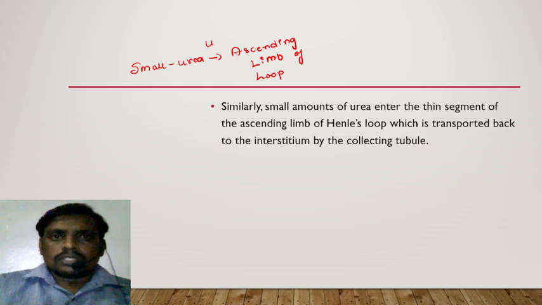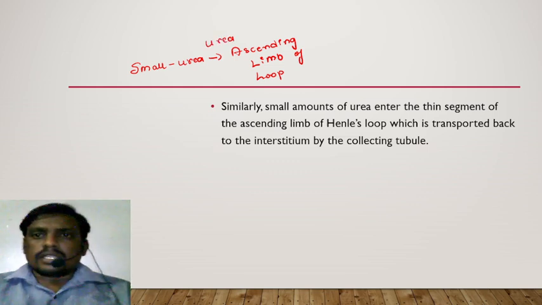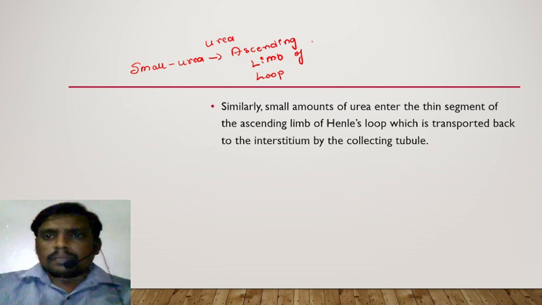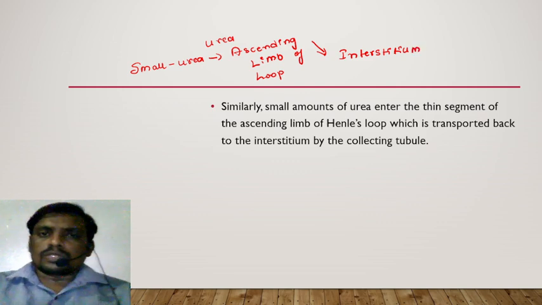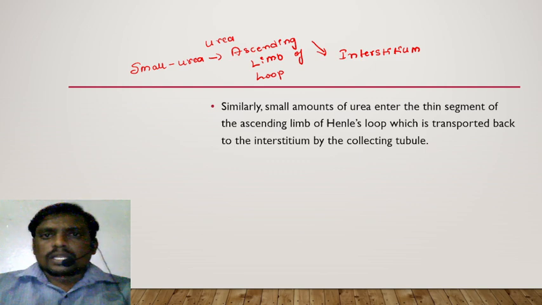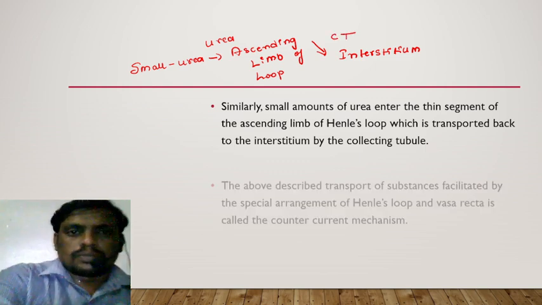Now the urea finally reaches the ascending limb of loop of Henle, which is transported back to the interstitium by the collecting duct, the collecting tubule. How this interstitium looks, I will show you in the diagram.